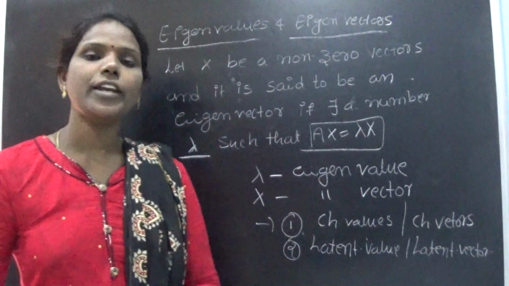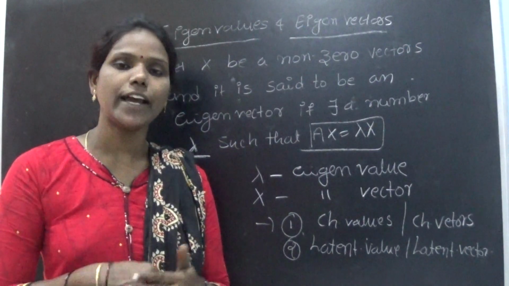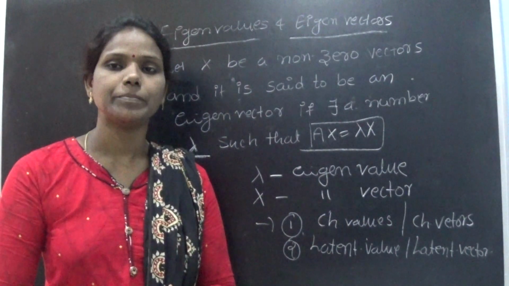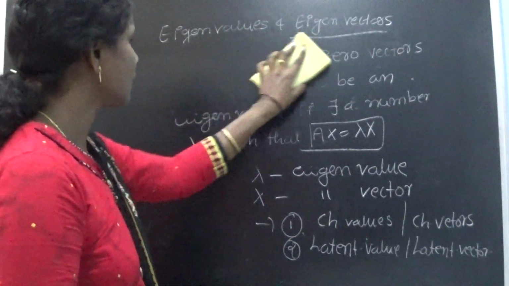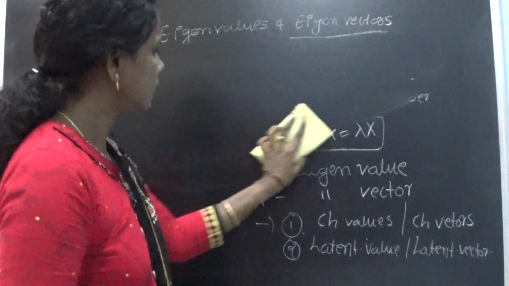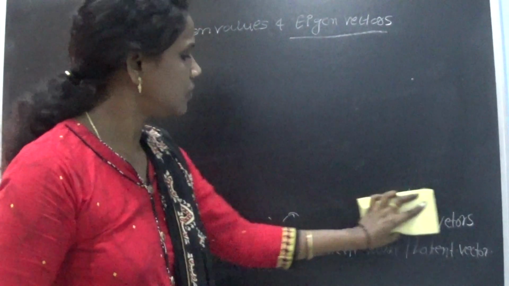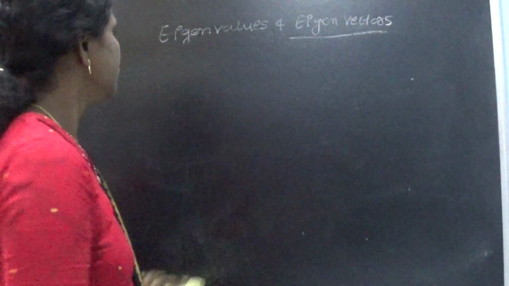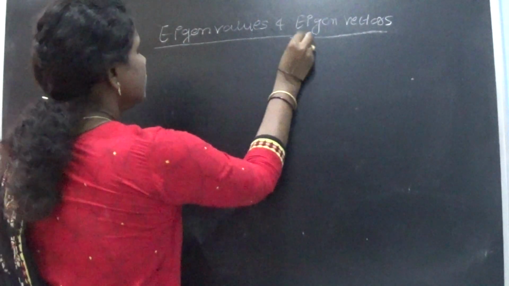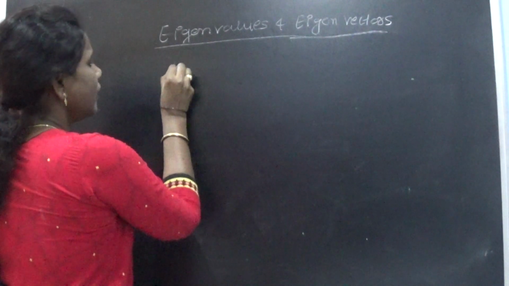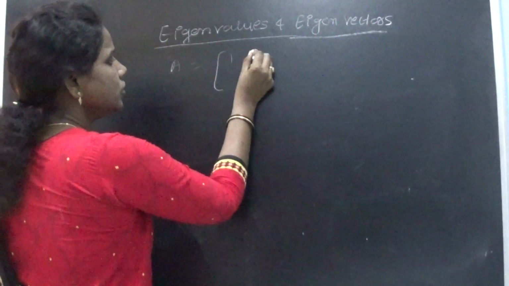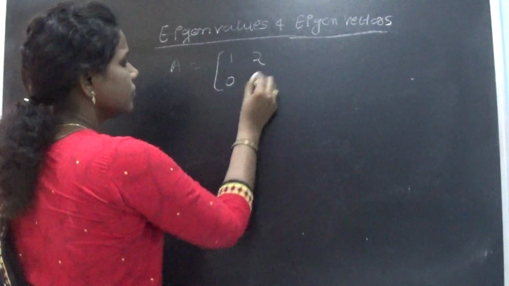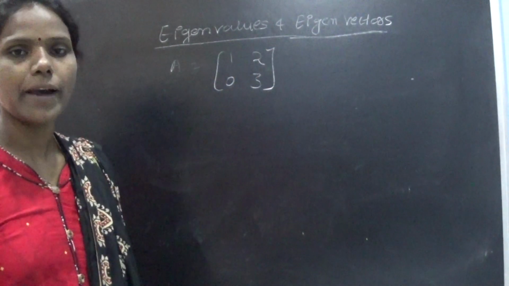Now let me explain how to find eigenvalues and eigenvectors of a matrix A. Suppose A equals 1, 2, 0, 3. I have this matrix.